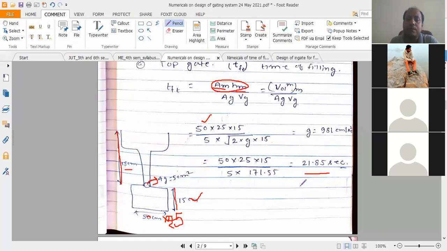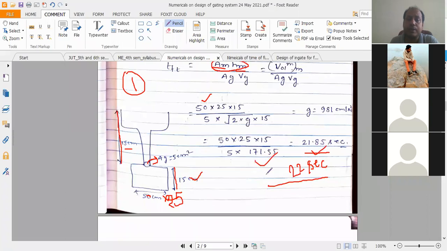The time required to fill 21 second or 22 second, 21.85. So we can also write 22 second or 21.85 second. So the condition 1 is that it is top gate, and condition 2 is when it is the bottom gate. So everyone has to check whether the answer is correct or not by this formula through your calculator.